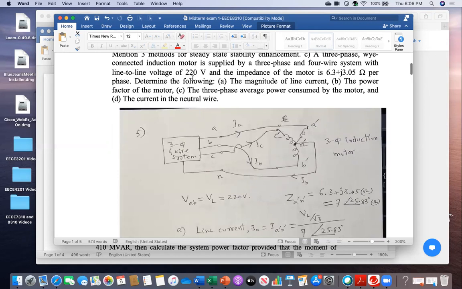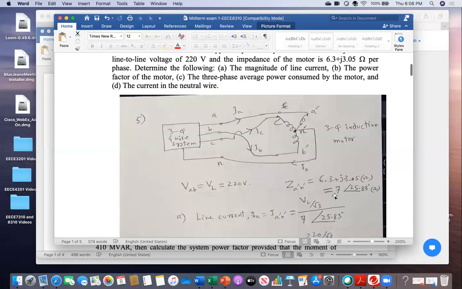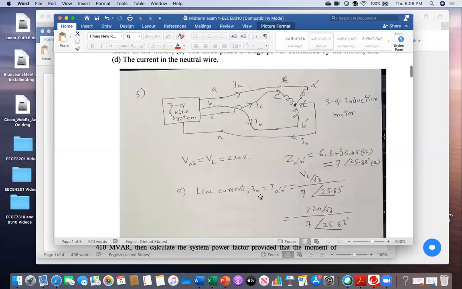The line-to-line voltage is given, which is 220, so I have written VAB is VL, 220. The impedance of the motor per phase is given, 6.3 plus j3.05. I converted it into polar form, 7 angle 25.83. Then I calculate the line current, I equals V over Z, but because this is a Y-connected system, this voltage is the line voltage, so I have to divide by √3.